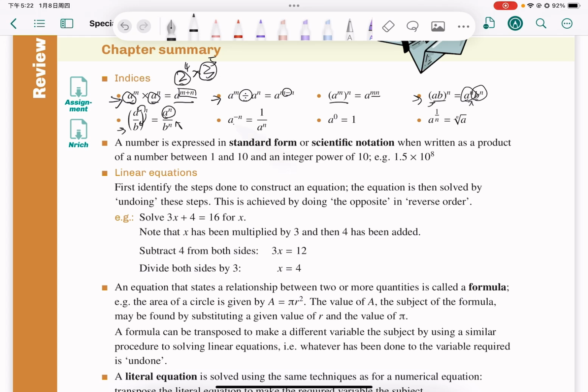Now it comes to a to the power of negative n. So this negative sign here actually can be understood as 1 over a to the power of n. So the negative sign becomes division. Okay, and a to the power of 0, so any number with a power of 0 is 1.